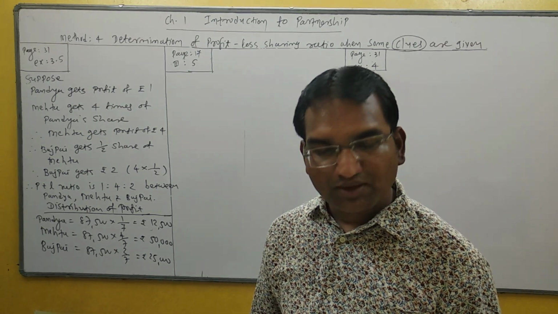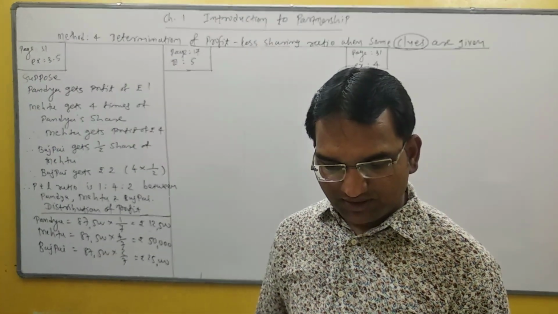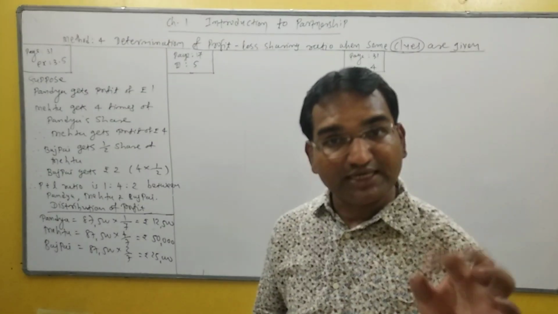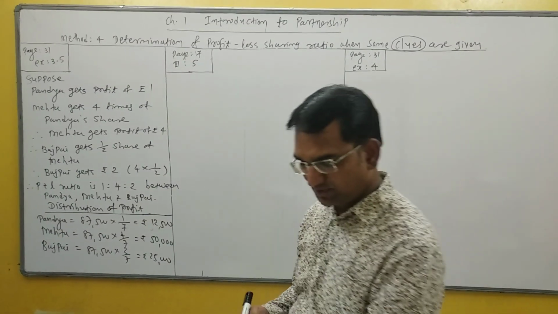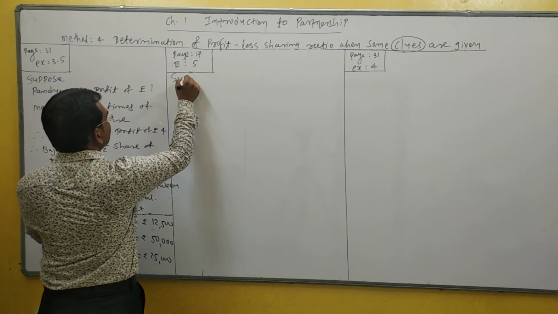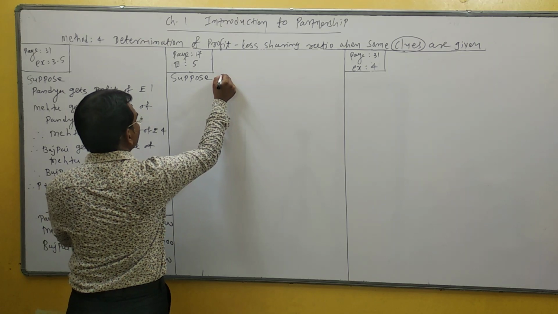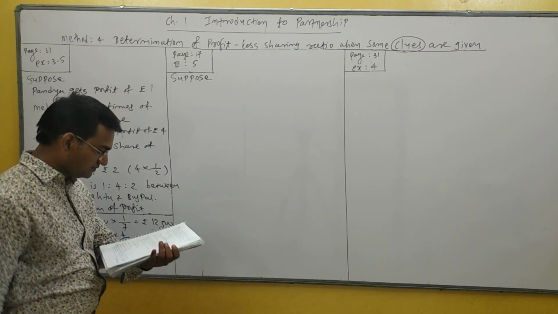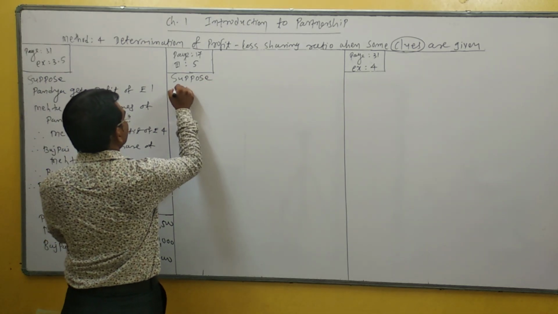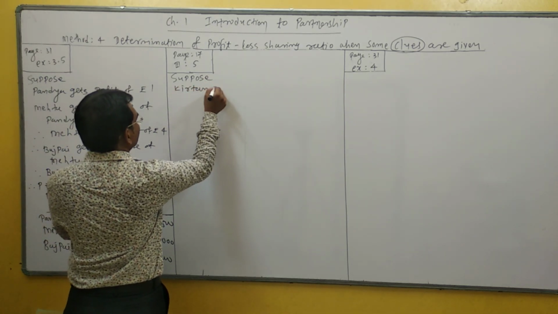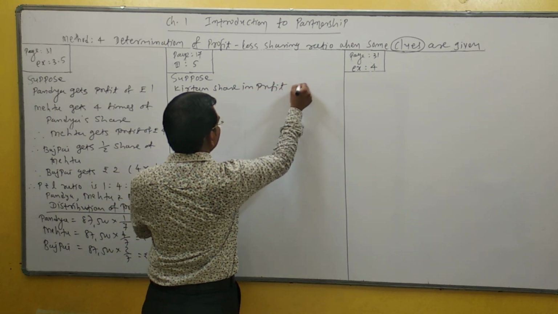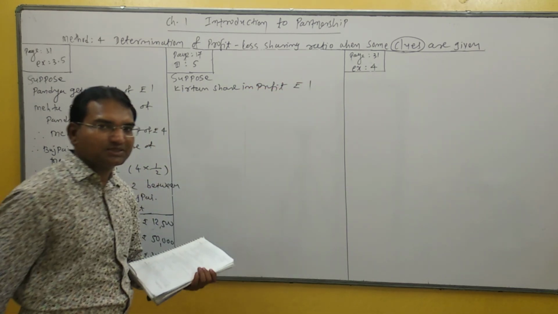So here, as per the condition, we are required to first assume Kirtan's share in profit is rupees 1. Understand?